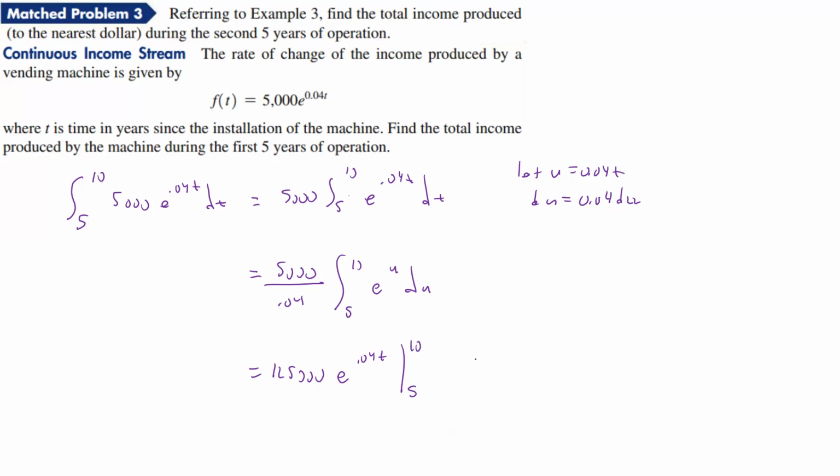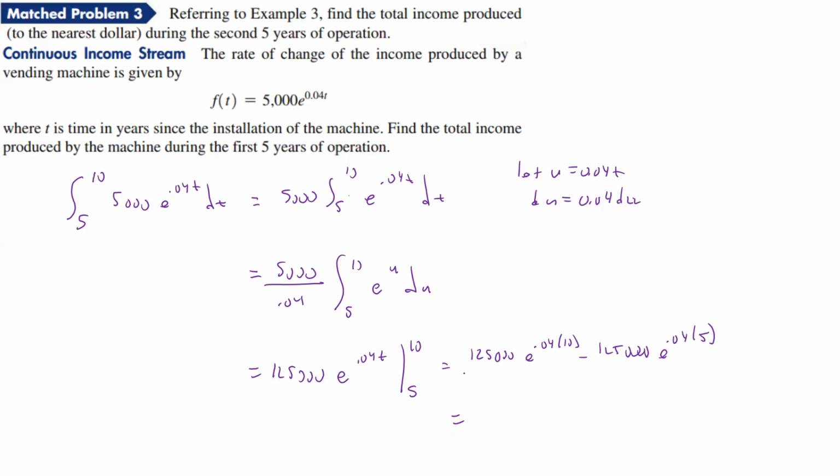So if we plug that in, we'll have 125,000 e to the 0.04 times 10, minus 125,000 times e to the 0.04 times 5. If we plug that into our calculator, we have 125,000 times e to the 0.04 times 10 in parentheses, minus that times e to the 0.04 times 5 in parentheses.